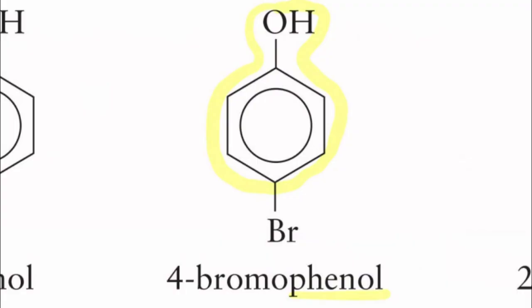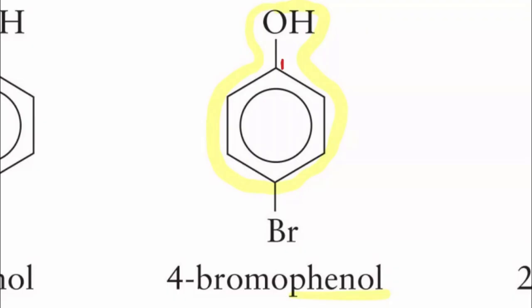Next, similar to what we observed when it comes to the cyclic alcohols, carbon number 1 is going to be the carbon in the ring system that is holding the OH. Next, we are going to define the numbering system within the ring, which means that we can go clockwise or counterclockwise to give the substituents in the ring the lowest possible number.